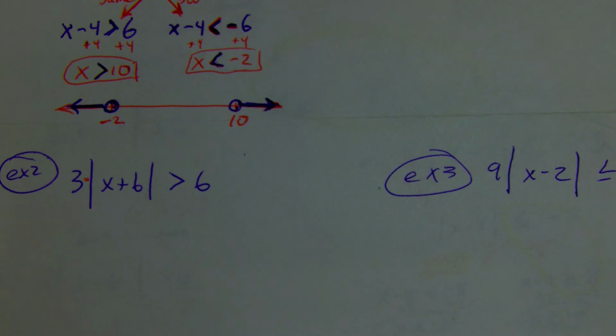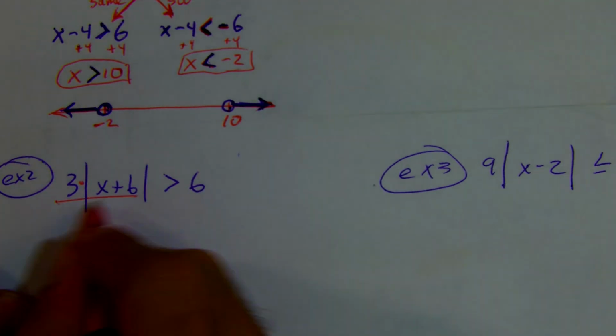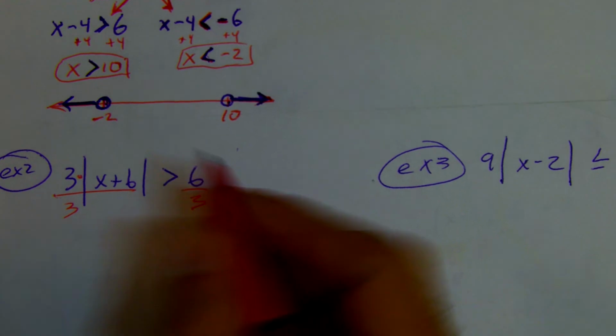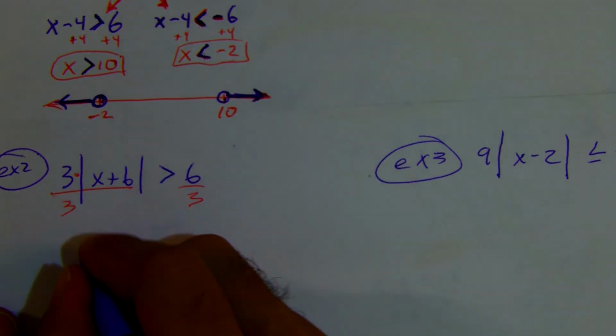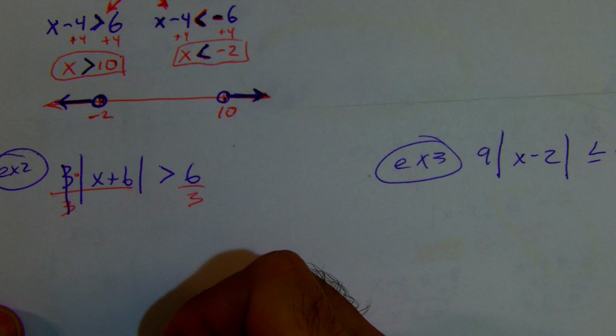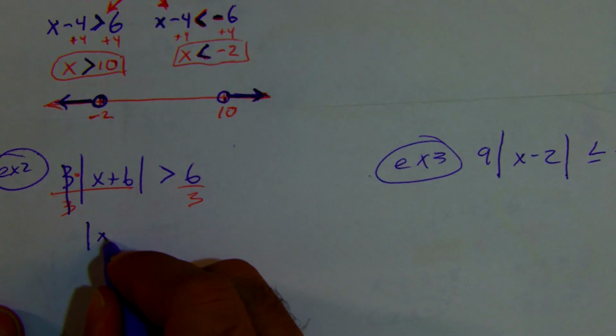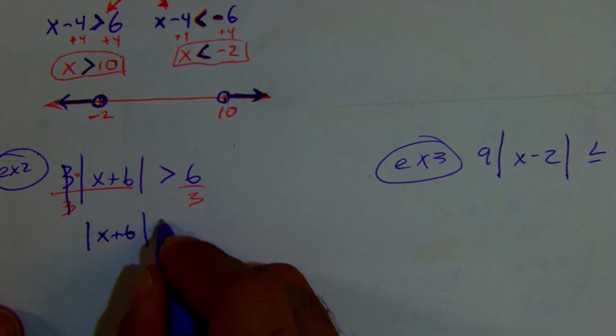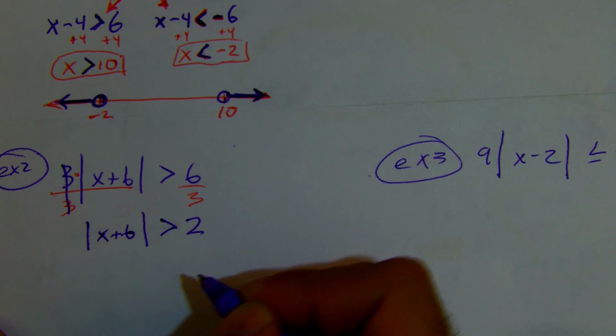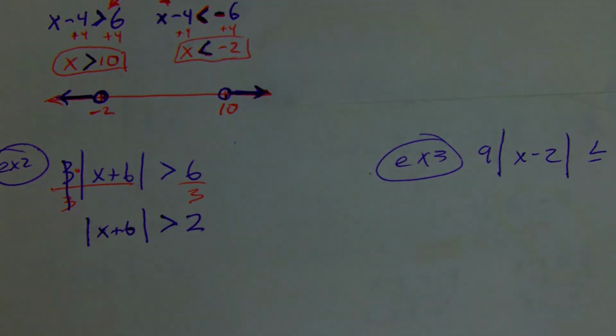Show me the symbol of the operation. What are we going to do? Instead of multiply, we're going to divide. So look, divide by 3, divide by 3. Now we're ready to start the problem because now we've canceled out 3's. Now it's x plus 6 is greater than 2. Now you can do your branches.